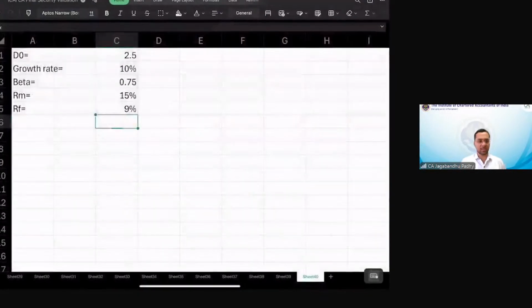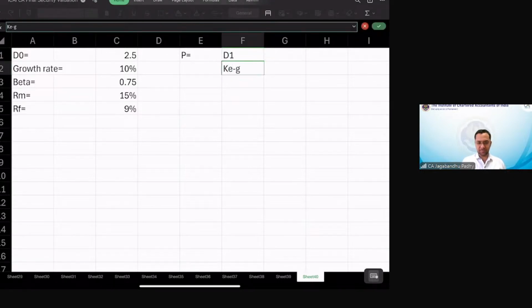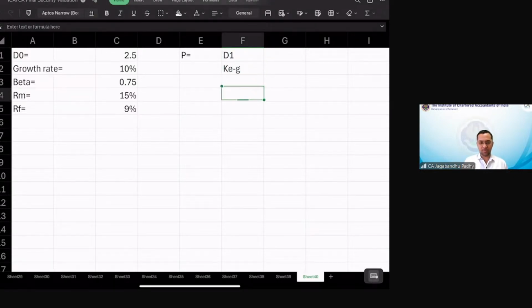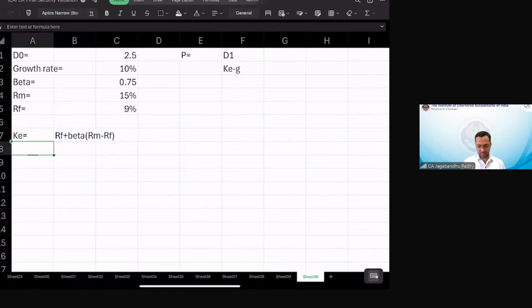To get the intrinsic value, the price of the share will be simply D1 divided by KE minus G. We first need to get KE, which is computed as risk-free plus beta multiplied by RM minus RF.